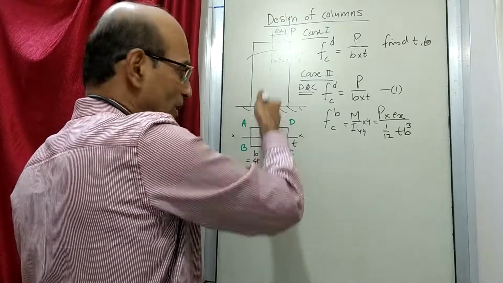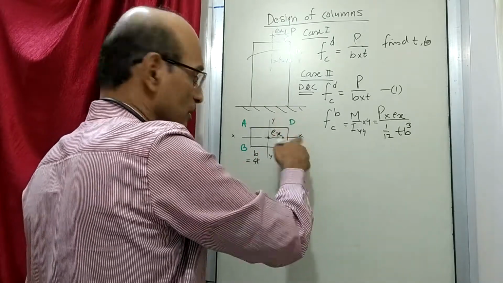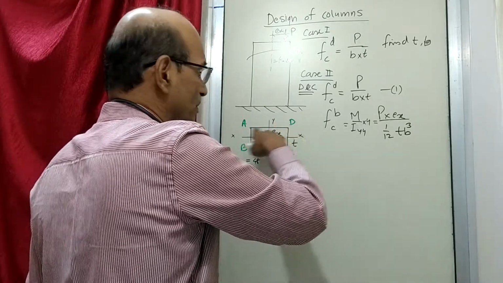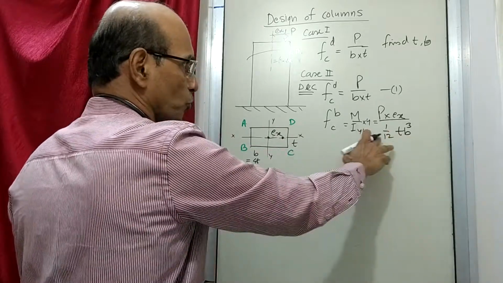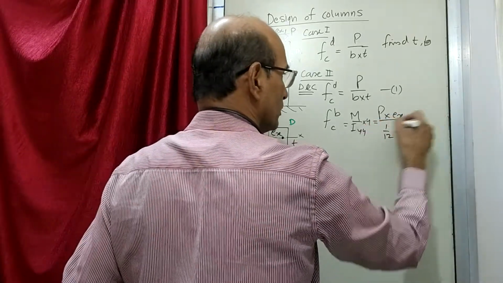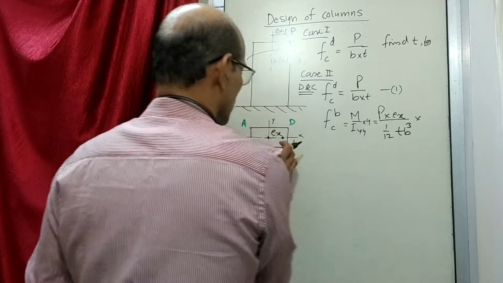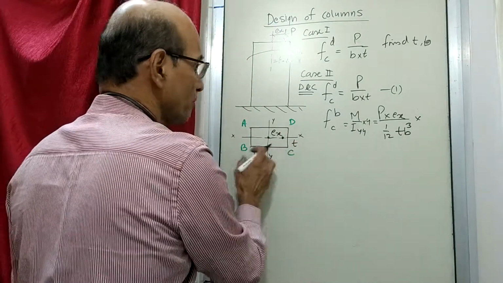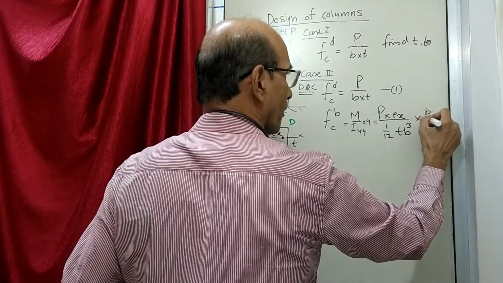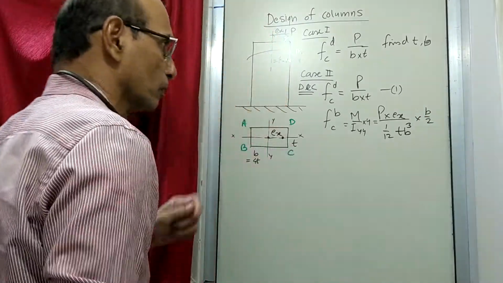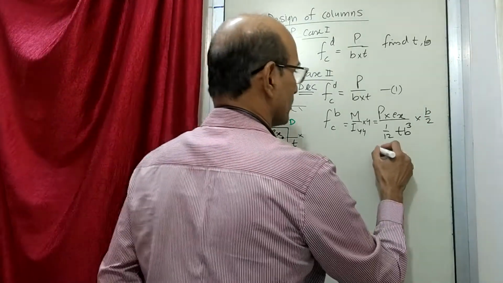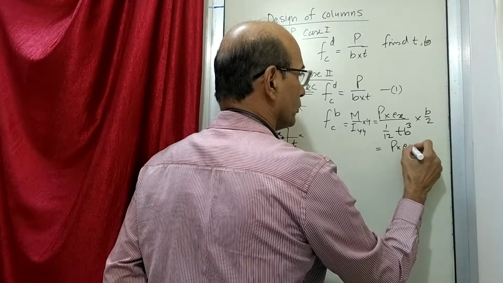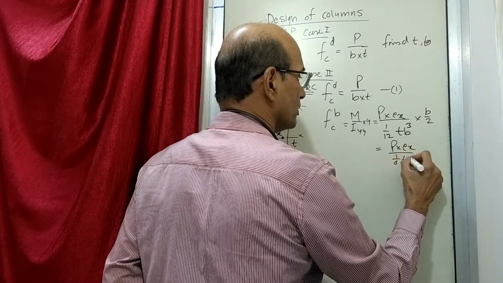Along the neutral axis, that dimension is taken once. Perpendicular to the neutral axis, that dimension is taken as a cube. So this is I, and then Y will be the distance of the point which is maximum away. So in this case, it will be B by 2. So this will come out to be P into Ex upon 1/6 T B square.